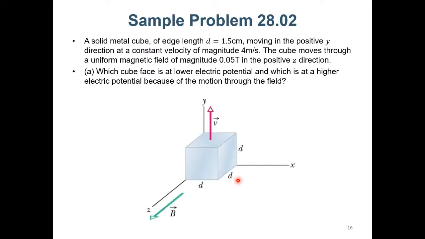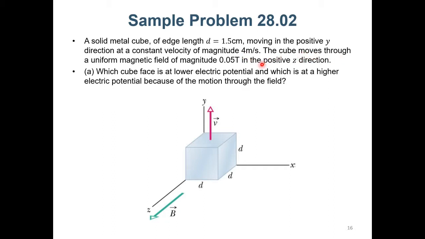Okay, so we have a sample problem. A solid metal cube, we have a metal cube here, which is a square cube. The length of each side is small d, 1.5 centimeters, moving in the positive y direction, which means moving up on the figure, at a constant velocity, 4 meters per second.